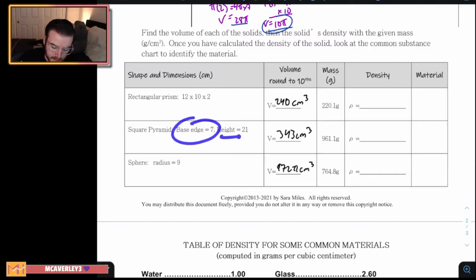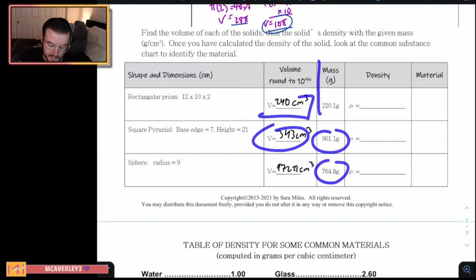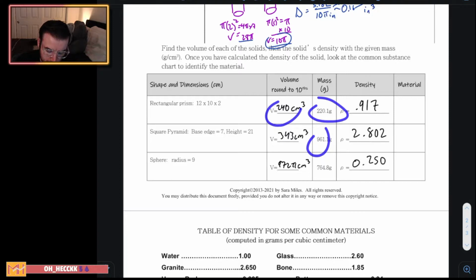Area of the base times the height divided by 3 for a pyramid, and sphere was 4/3 pi r cubed. I found those very quickly. And then density here is just mass divided by volume. To save you some time, I'm going to do that as well. Okay, so I went ahead and found all of those. Mass divided by volume, and we have the density.